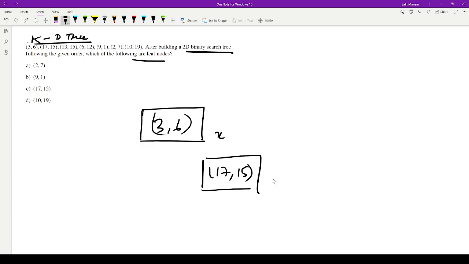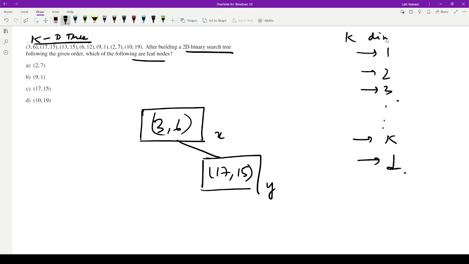But then here we consider the y coordinate instead of the x coordinate. If you have a k-dimensional tree in general, for every level the dimension will change: dimension 1, dimension 2, dimension 3, up to k dimensions. Then you go back to the first dimension. Here it's just 2, so after 2 we come back to 1 in the next level.